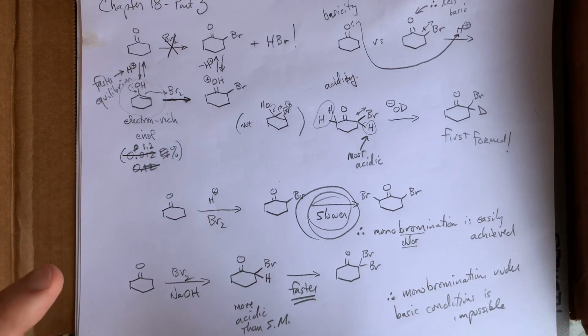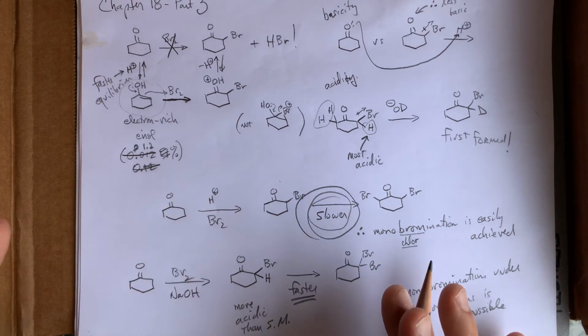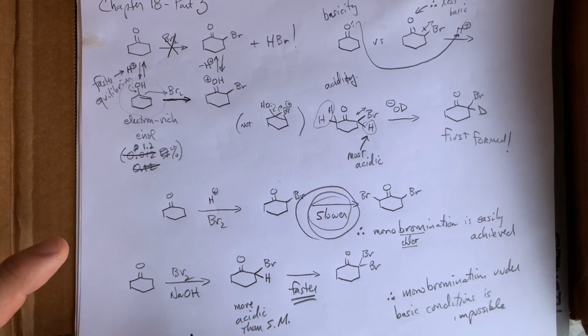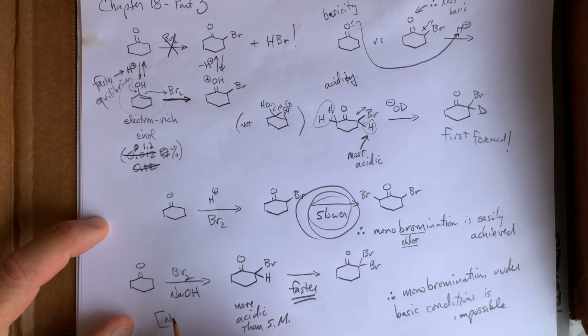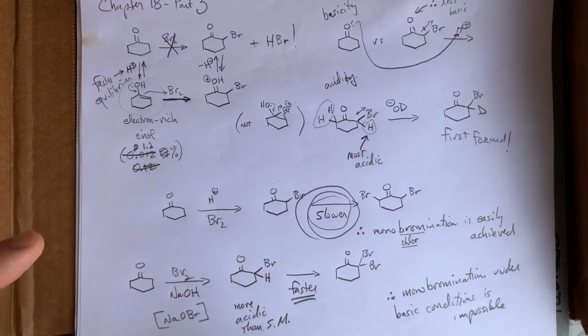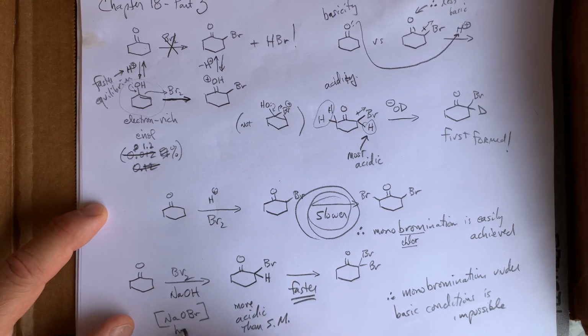The second step is faster, so you can't stop at the monobromination stage, but you actually get a different structure than under acidic conditions, a different product, if you force the acidic reaction to go to a second halogenation. Now, I feel like I need to say this is actually probably bromination by hypobromite.